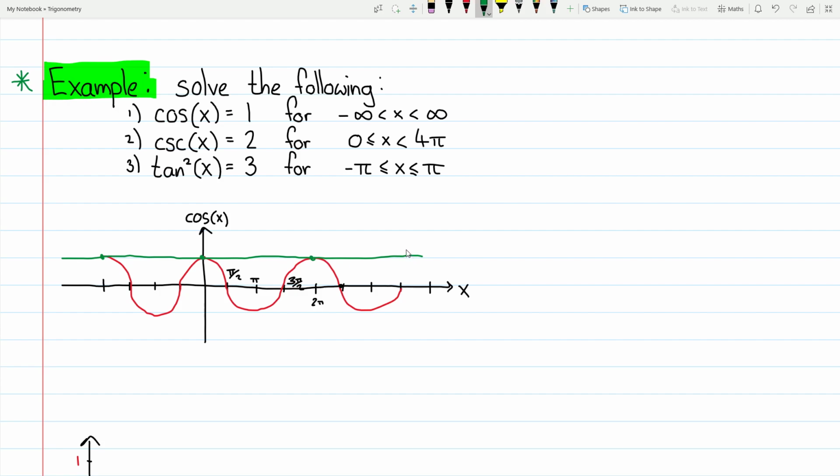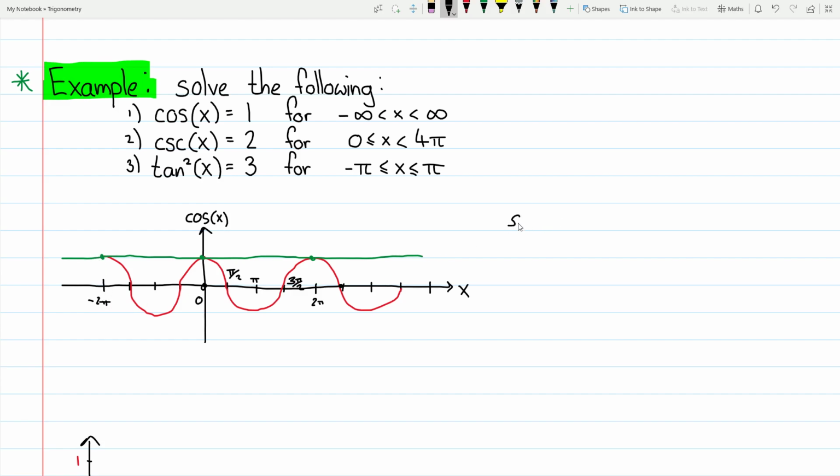This equation is true precisely when the cosine reaches its maximum. So at what values of x does cosine reach its maximum? It reaches the maximum here at 0, here at 2 pi, here at 4 pi, and similarly down here at negative 2 pi.